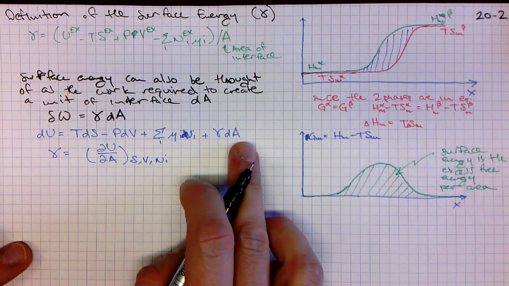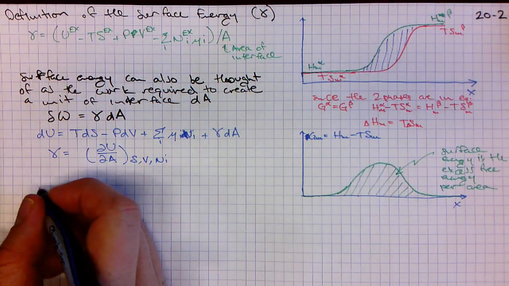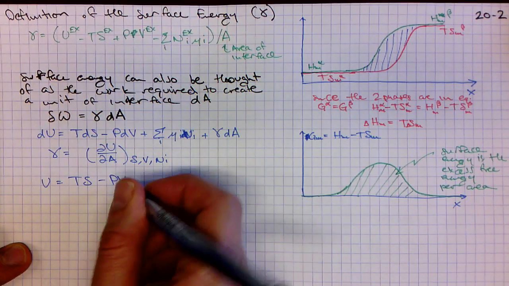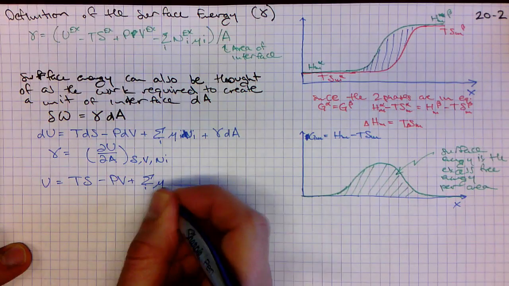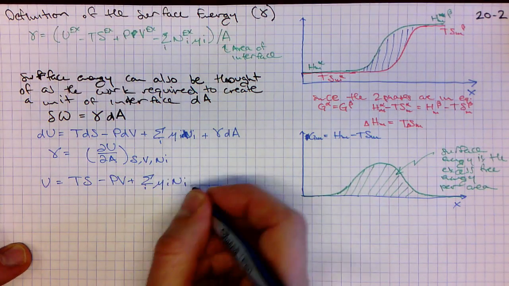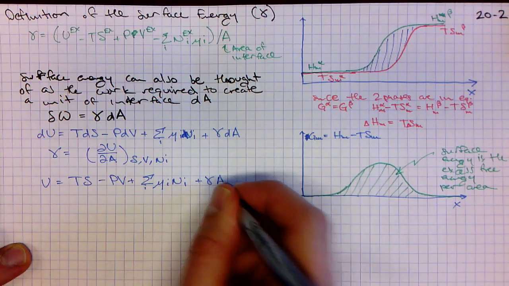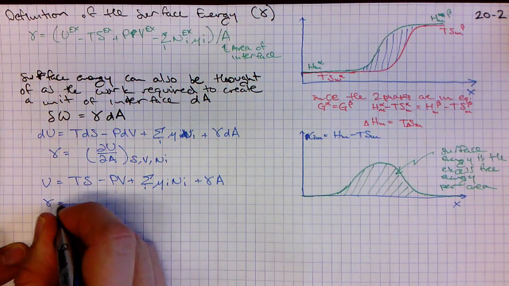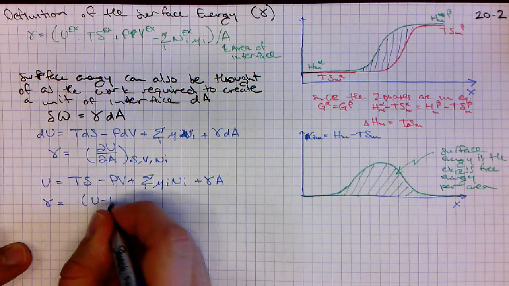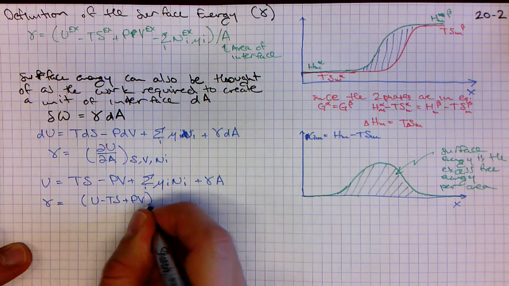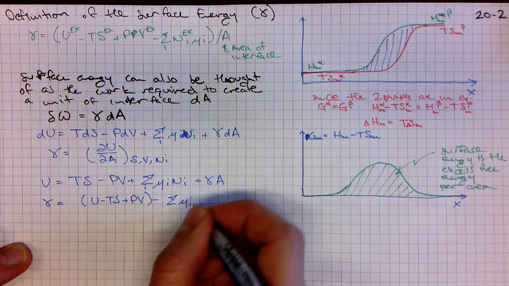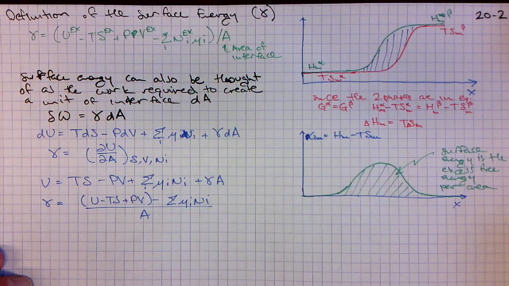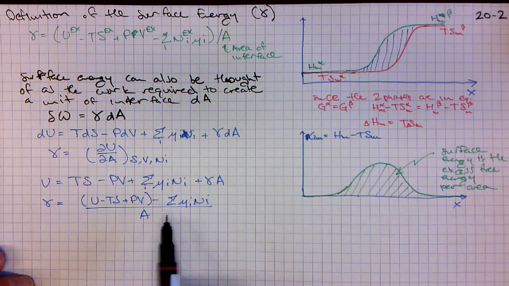So if we were to integrate this, that implies that we can write a non-differential relationship. Typically we would write U is equal to TS minus PV plus the sum of all the chemical potentials times the numbers. But now we can add a gamma A term, which implies that we can turn this around and write an expression for our gamma, which is U minus TS plus PV minus the sum over mu i Ni, over A. And what's interesting to point out is that these two pictures are not so different.